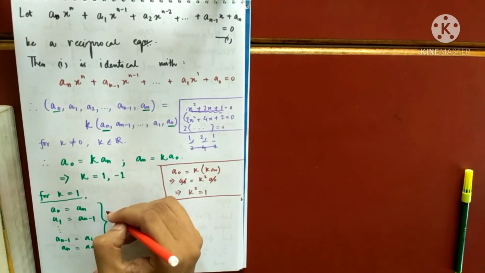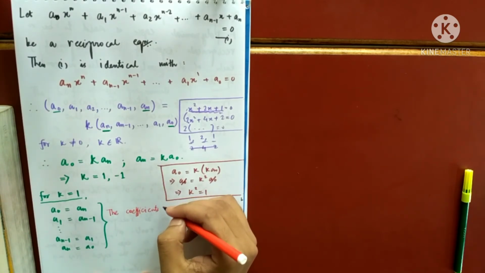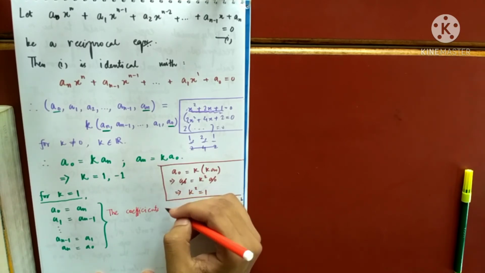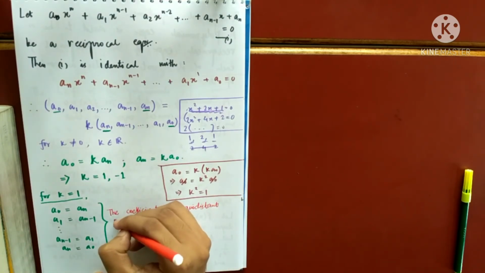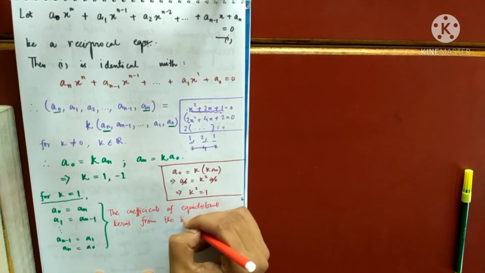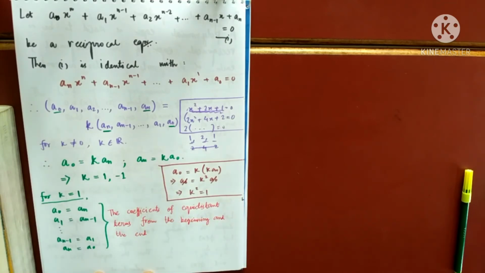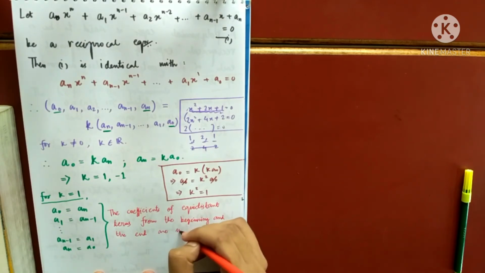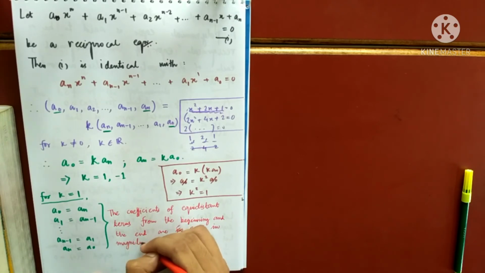So what we write here: the coefficients of equidistant terms from the beginning and the end are equal in magnitude and have the same sign.